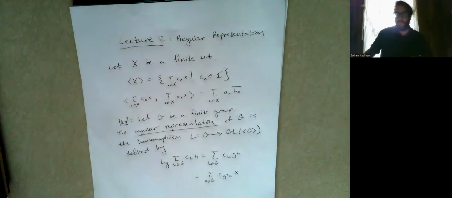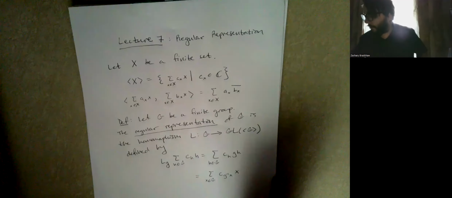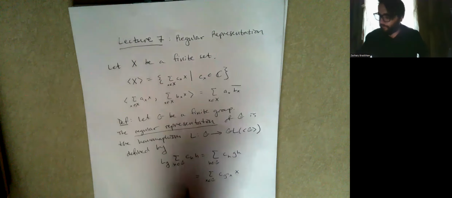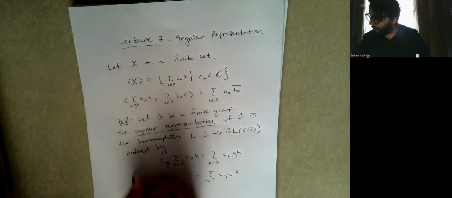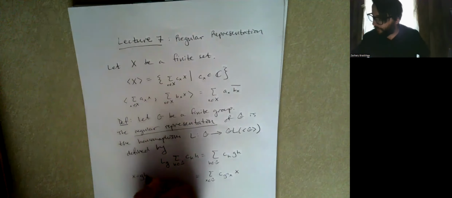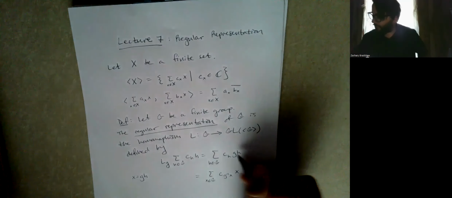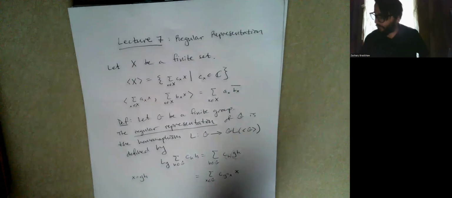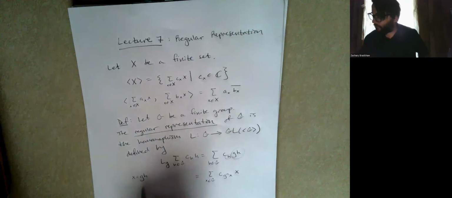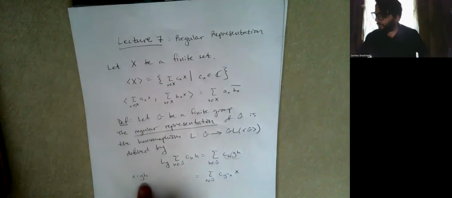So maybe I'll explain this one more time. I can do a sort of change of variable here, where I define x to be equal to g times h, so that this quantity here becomes x, and this h here becomes g inverse x.